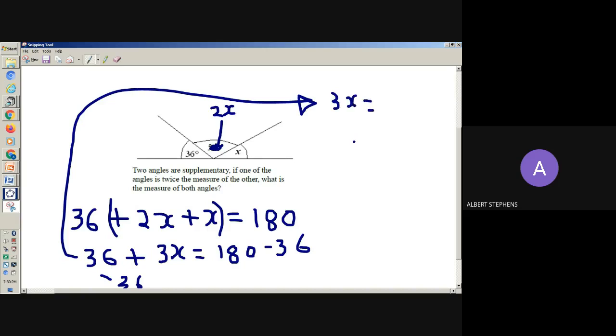And what is 180 minus 36? 144. And what do we do next, class? Divide both sides by 3. So what is x equal to? 48. X is equal to 48.